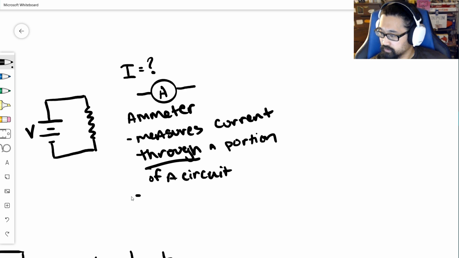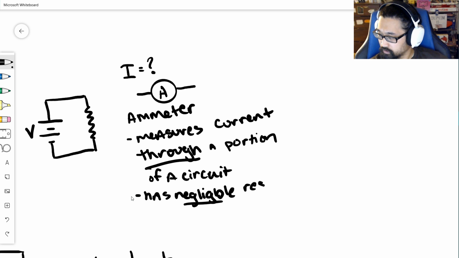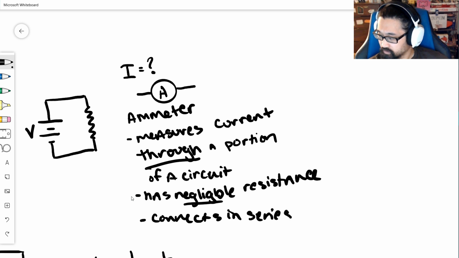It has negligible resistance, and it connects in series, right?